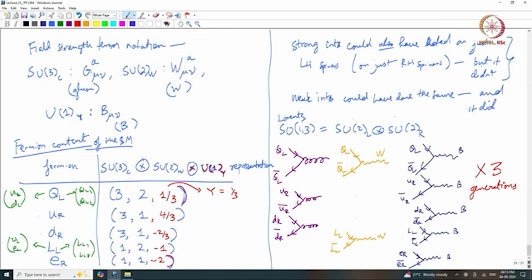So I could have absolutely started out by putting indices all over the place and just saying that the I stands for a generation index. So I have up quark, charm quark, top quark for all the QL, UR and DR. And similarly, I would have electron, muon and tauon, correct? For the leptons. Okay, that is indeed the matter content of the standard model.